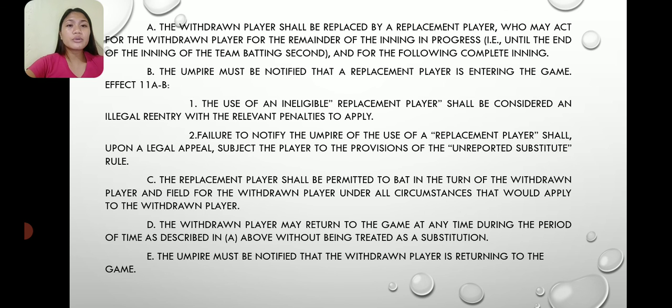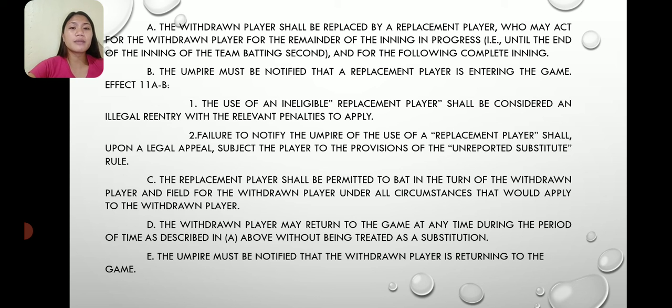The withdrawn player shall be replaced by a replacement player who may act for the withdrawn player for the remainder of the inning in progress, until the end of the inning of the team batting second, and for the following complete inning. The umpire must be notified that a replacement player is entering the game.